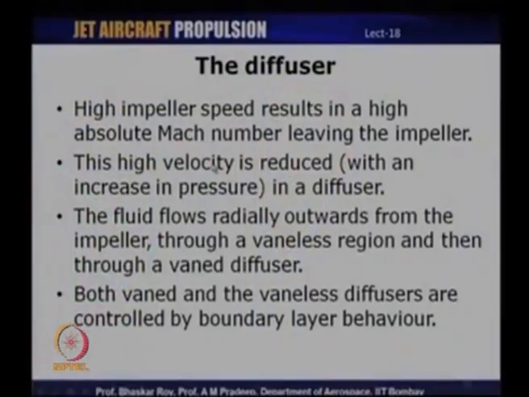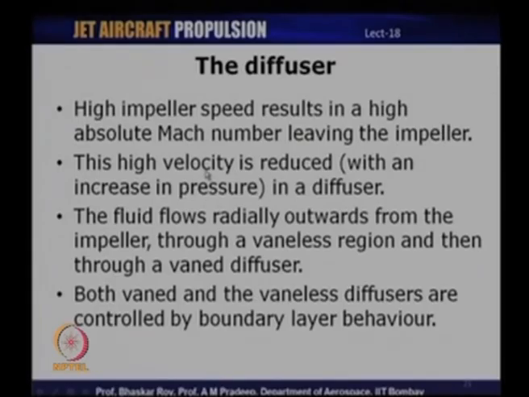The diffuser is a component which is similar to a stator in an axial compressor. An axial compressor, as we know, consists of a rotor followed by a stator. The diffuser has more or less the same function in a centrifugal compressor. At the periphery or exit of the impeller, we usually have a very high velocity, and therefore it might lead to very high Mach numbers leaving the impeller.